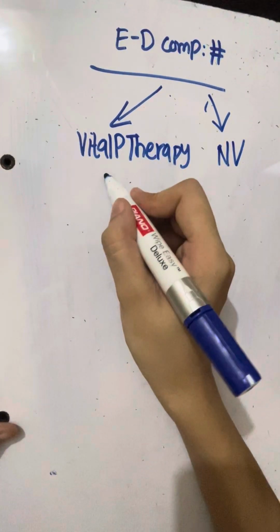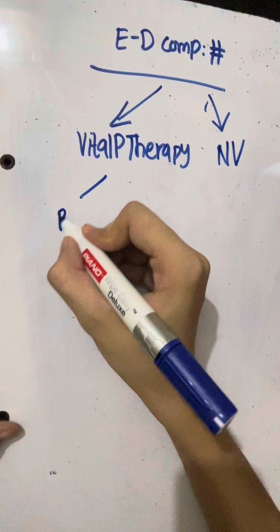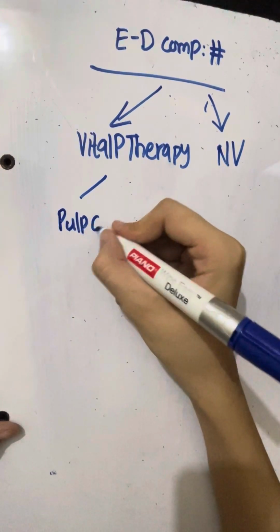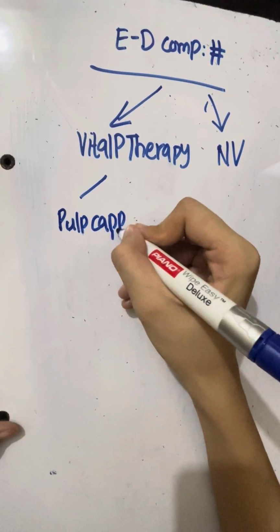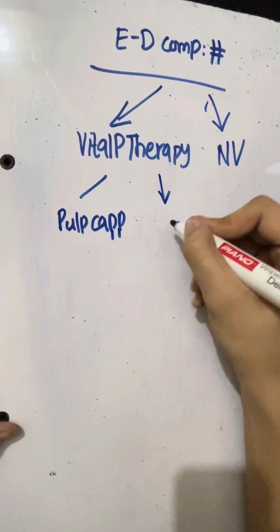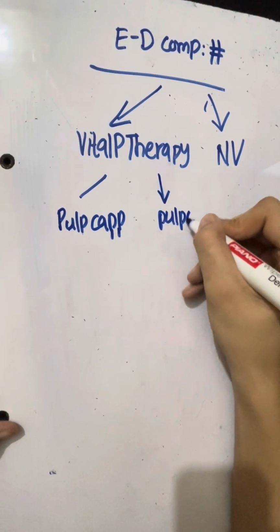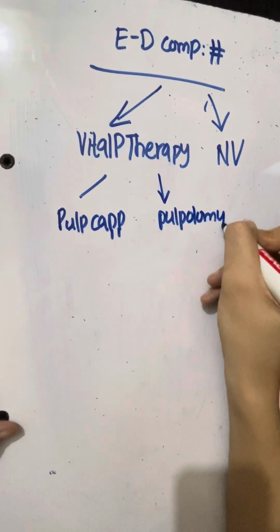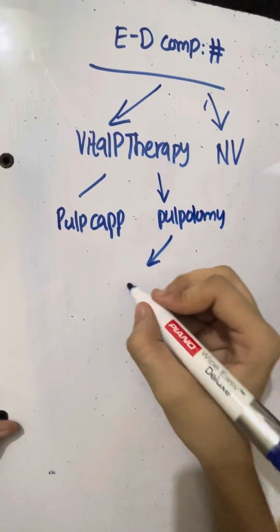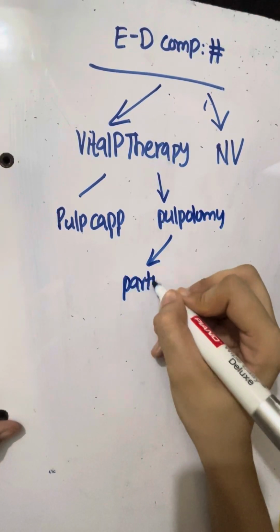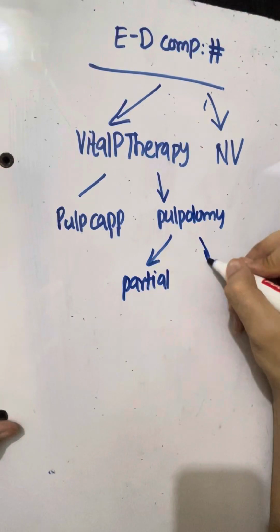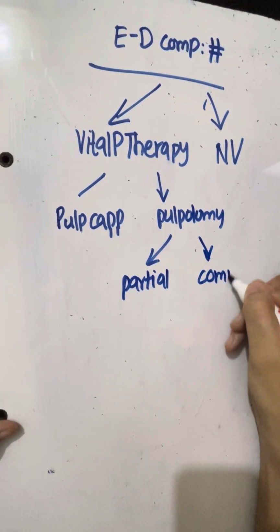Vital pulp therapy again includes pulp capping and pulpotomy. The pulpotomy is further divided into partial pulpotomy and complete pulpotomy.